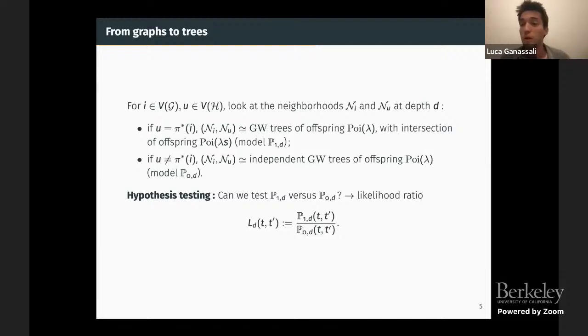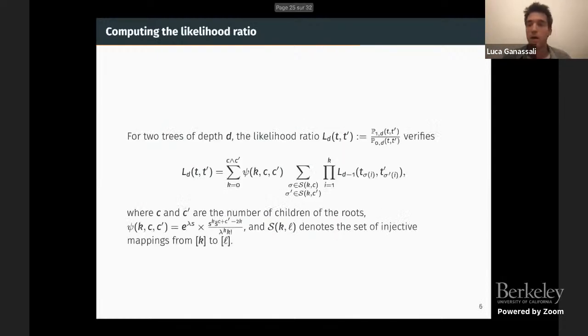To do so, we simply compute the likelihood ratio, so the ratio of probabilities. And looking at this quantity can bring interesting ideas because it enjoys a quite simple recursive computation in terms of depth, right? So the likelihood ratio at depth D is simply a function of likelihood ratios of subtrees at depth D-1, right?